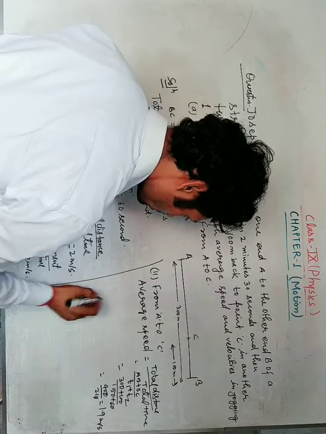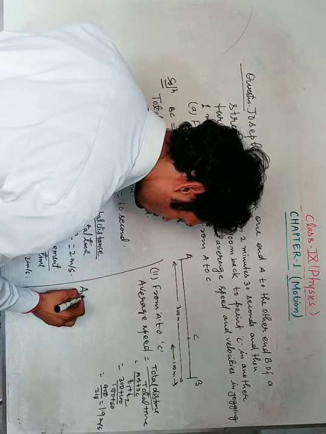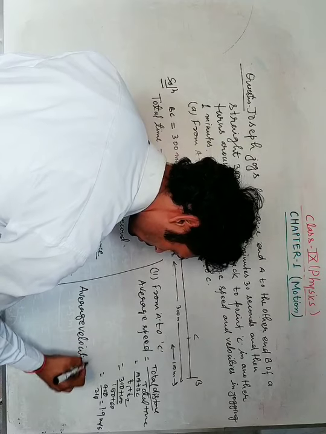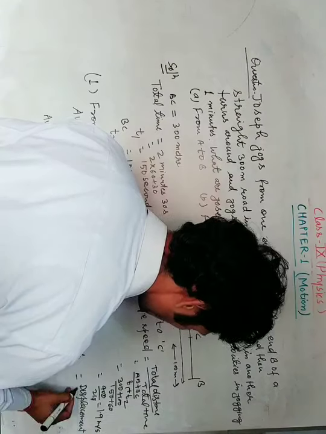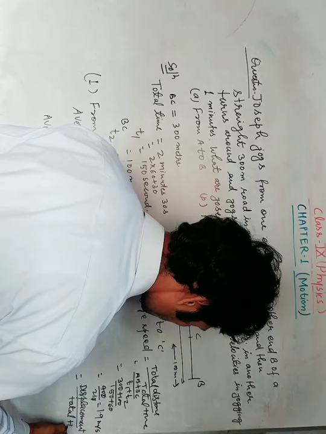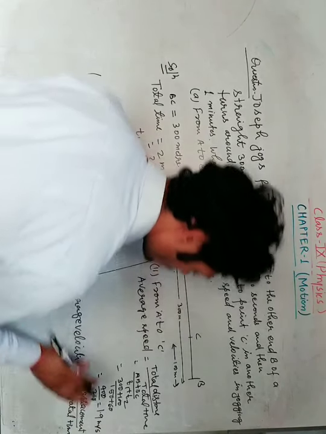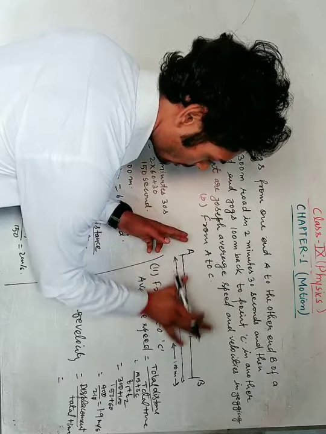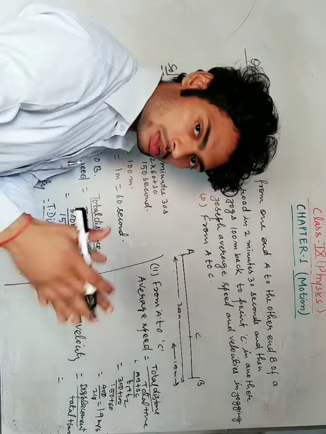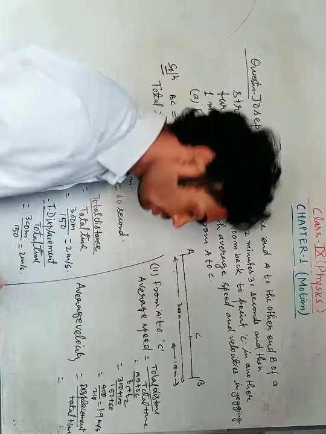And next, average velocity equal total displacement by total time. Total displacement is AB minus BC, because displacement equals the shortest distance between initial and final position.